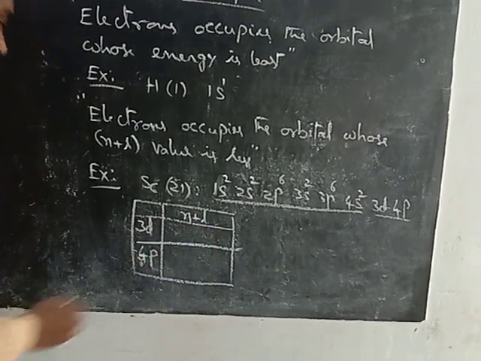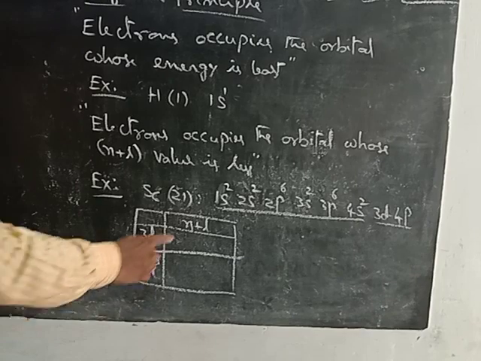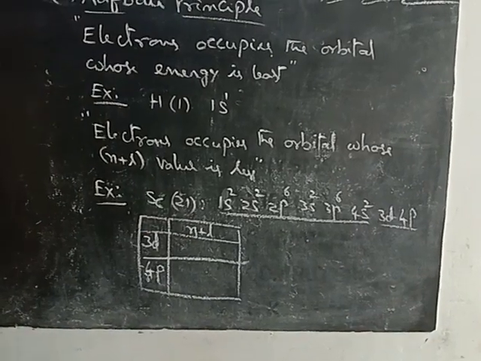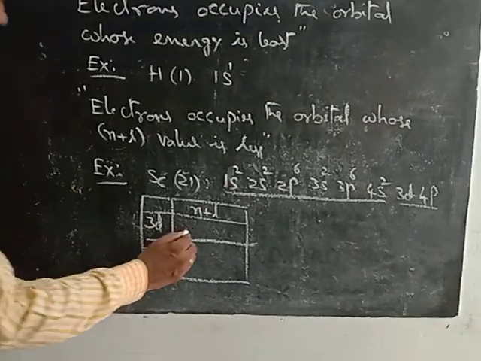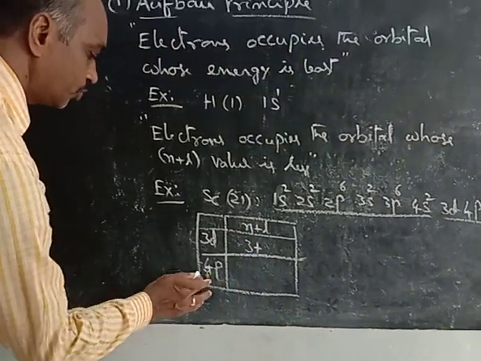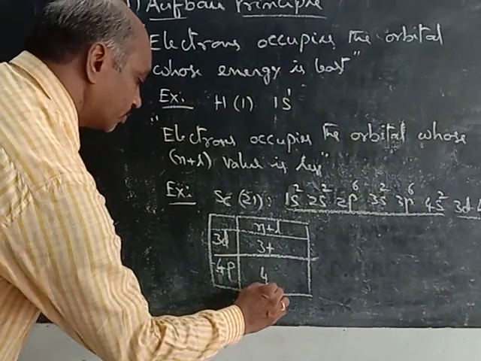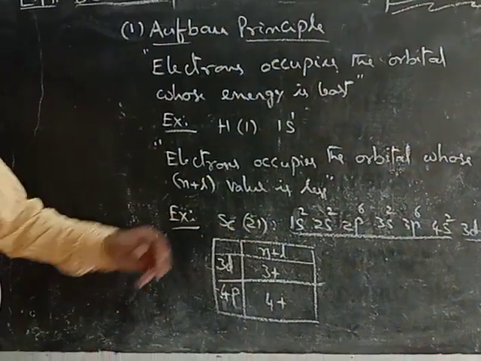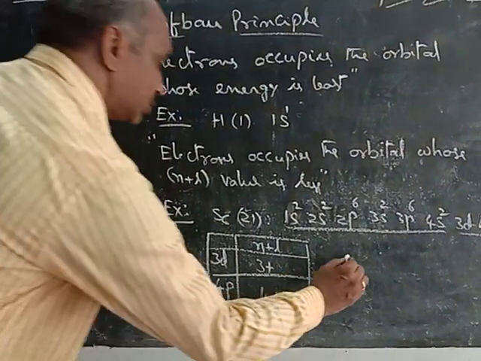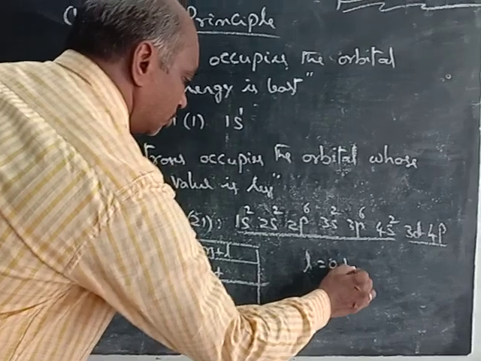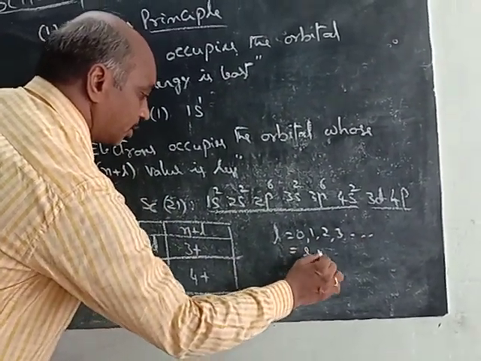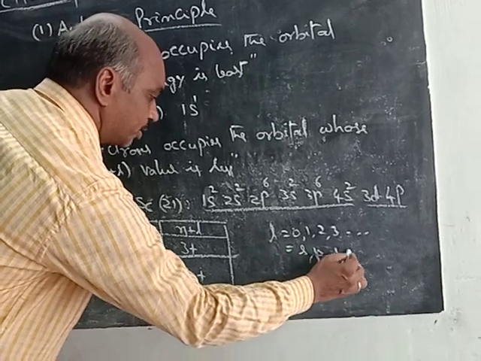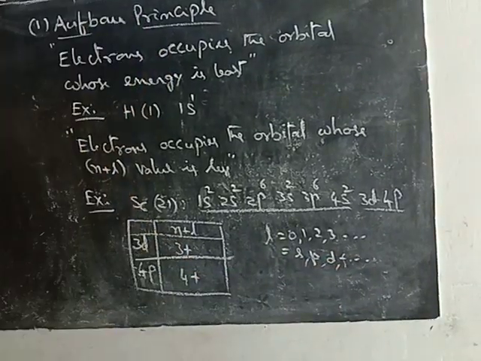n plus l value. n means principal quantum number. Here in 3d, the n value is 3. In 4p, the n value is 4. What about the l value? You already know l is equal to 0, 1, 2, 3, etc. 0 means s orbital, 1 means p orbital, 2 means d orbital, 3 means f orbital, and so on.